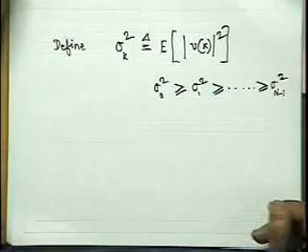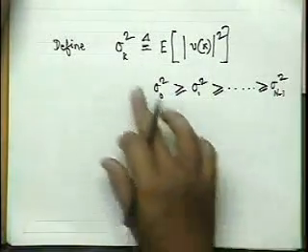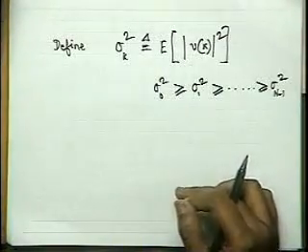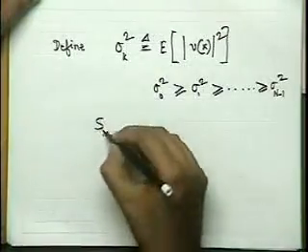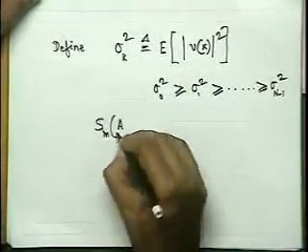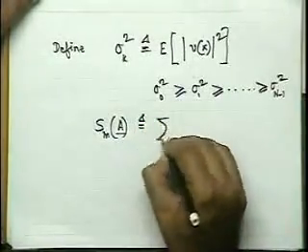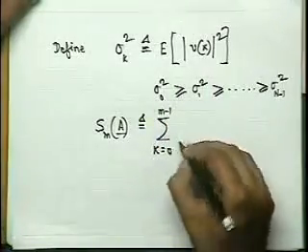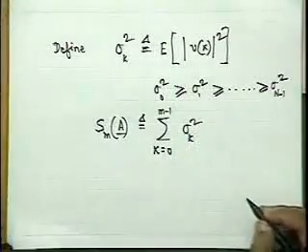And I am considering the sum of not all the energy terms, rather the first m terms, which I am defining as the summation k equal to 0 to small m minus 1 of sigma square k.